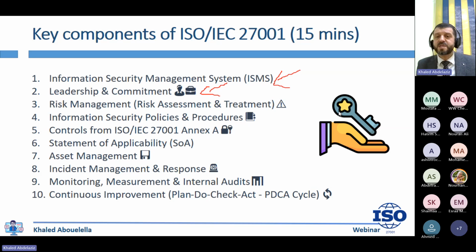Because who established the security objectives from the beginning? Top management. Who established the policies? I'm not talking about developing policies here, I'm talking about establishing the policies from the beginning, setting the strategic direction. Top management. So top management plays a crucial role in the success of any information security management system.